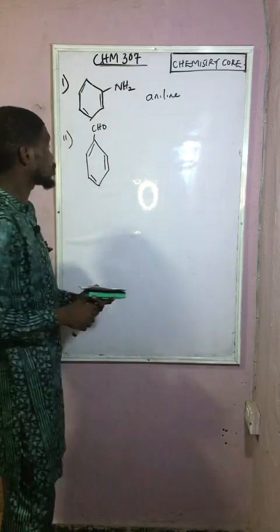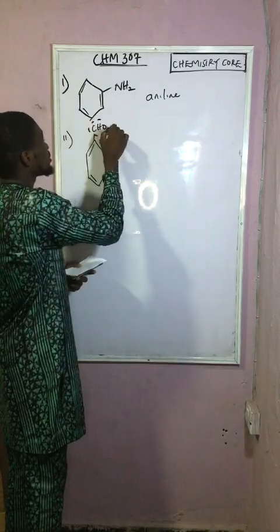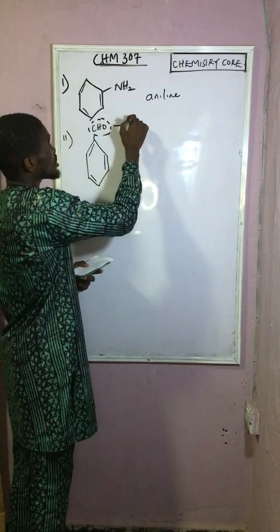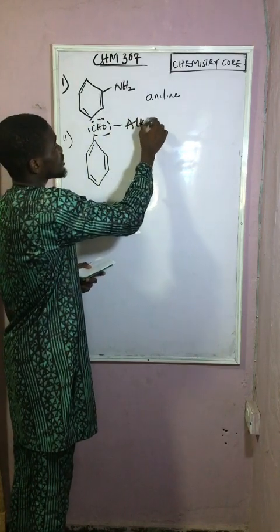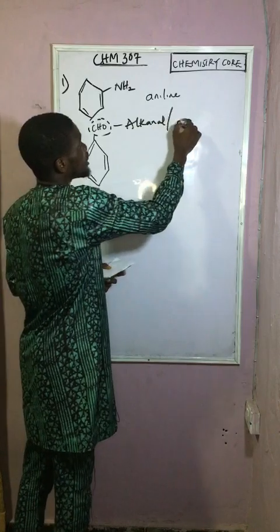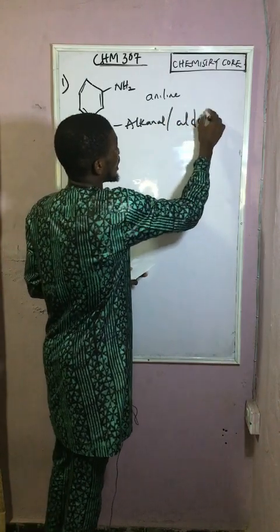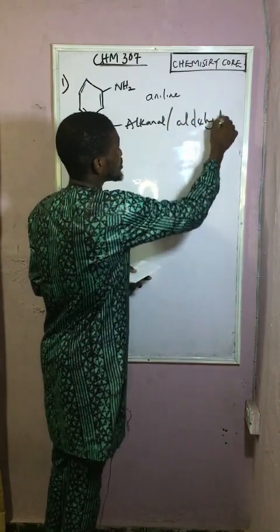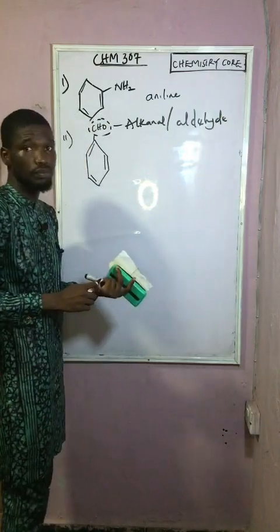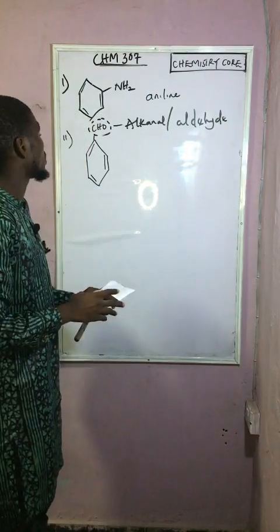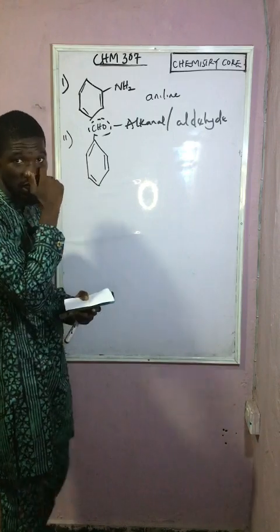So we have this, and this particular functional group is known as what? Either we call it alkanal or we call it aldehyde. Exactly. And this is benzene.